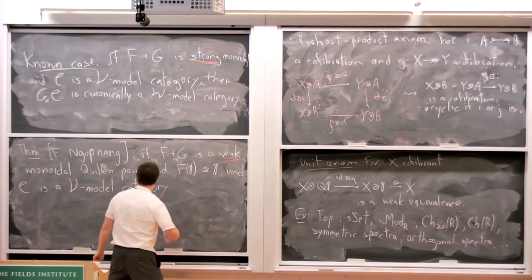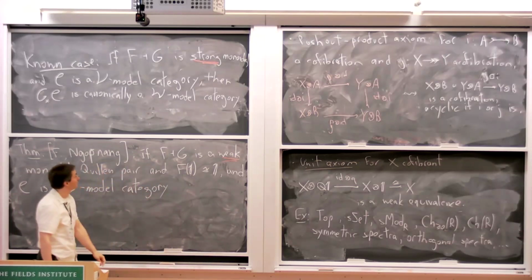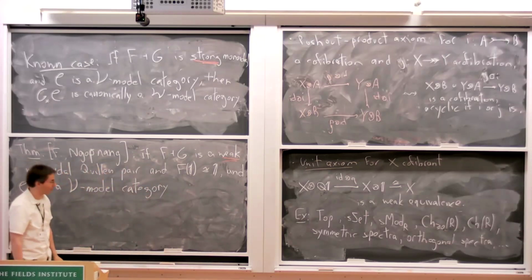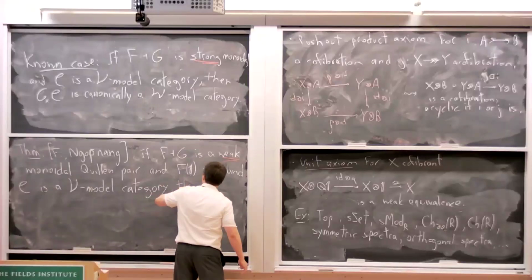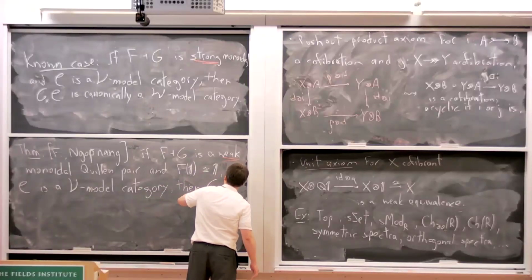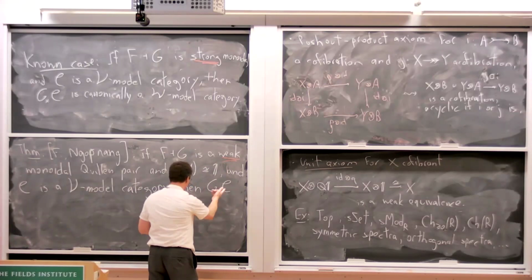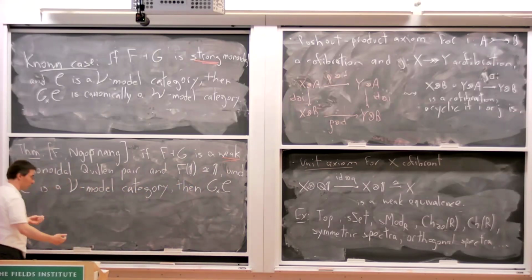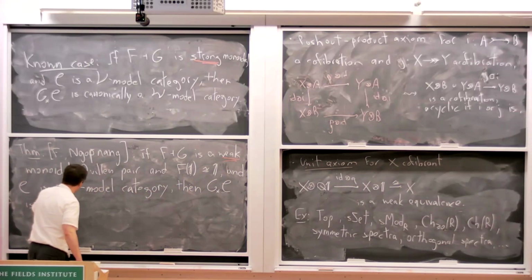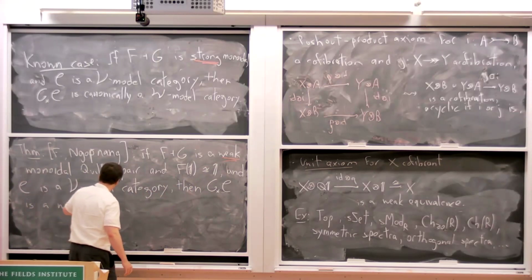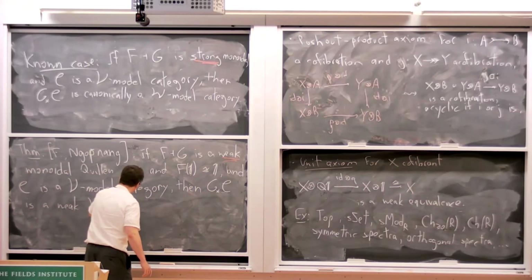If C is a V model category, then changing the enrichment will give me a weak W model category. So changing the enrichment will yield this W enriched category. It's a weak W model category.